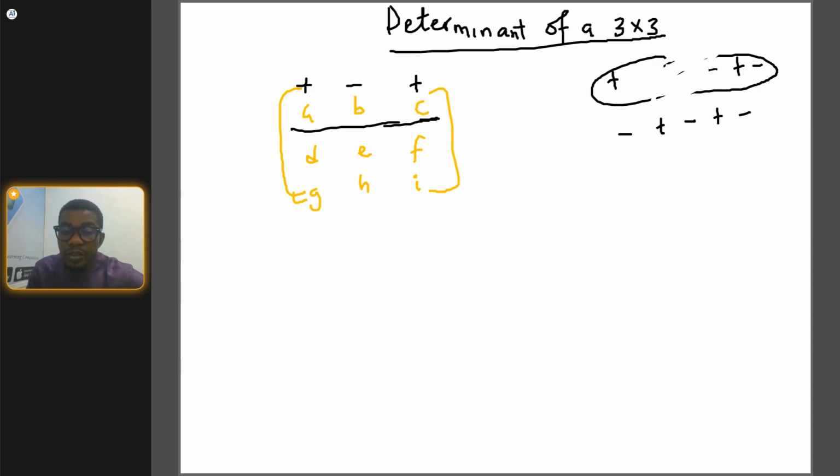So to do that, we need to be very careful and follow the way we are solving it.